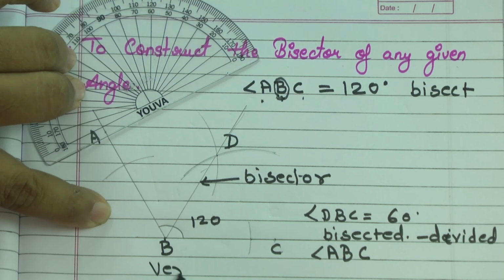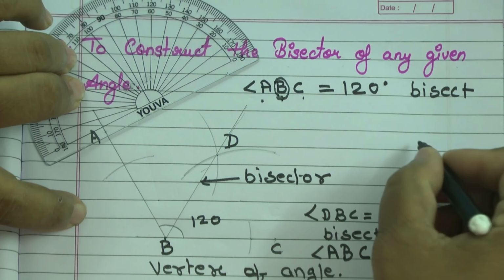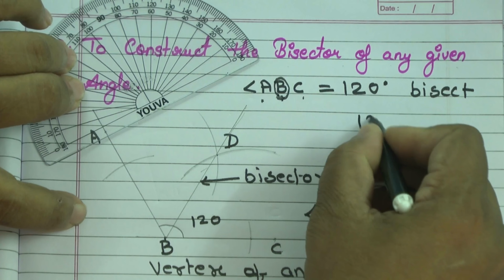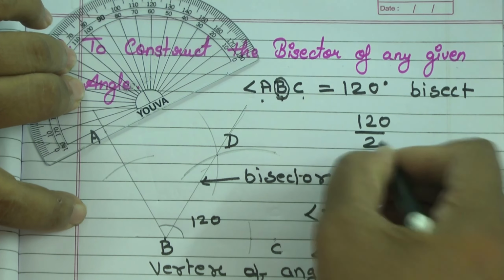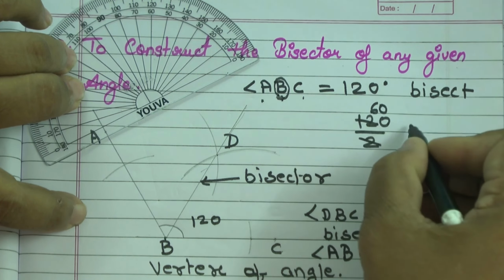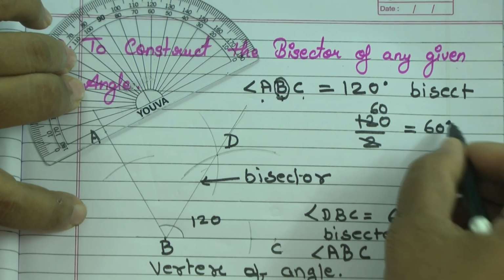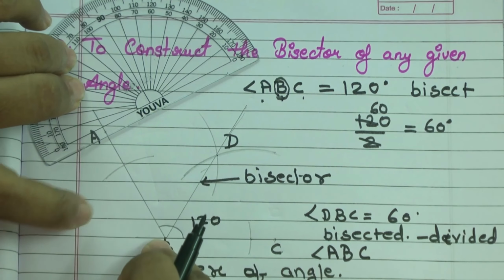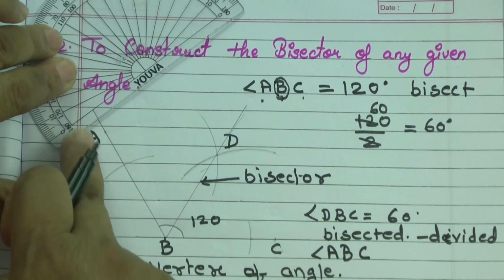This is known as vertex of angle. 120, if I divide by 2, I'll get 2, 6 are 12, 0. That means 60 degree. DB is bisector of angle ABC.